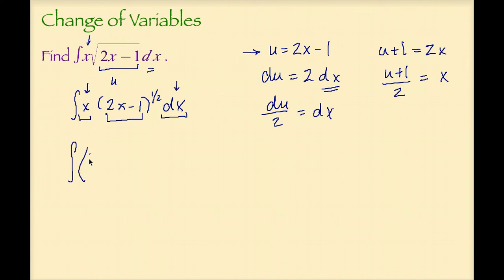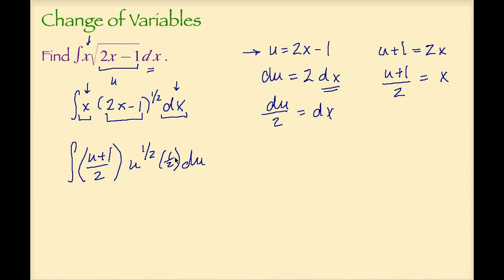X, of course, is u plus 1 over 2. And then 2x minus 1 is u, so this will be u to the 1/2. And then dx is du over 2. We'll write this as 1/2 du. Now I will be able to integrate with the integrand in this form.